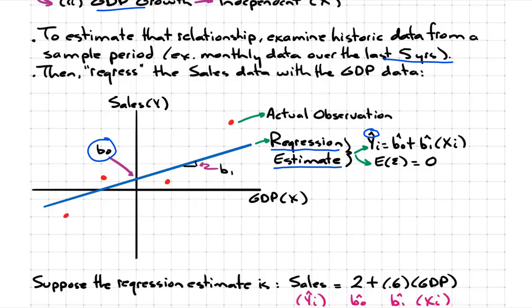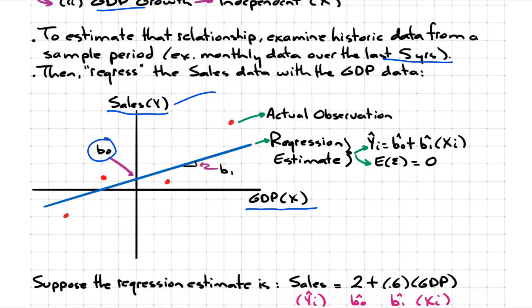The fact is, we don't know what the exact relationship is between sales and GDP. For example, if I tell you what GDP is going to be next year, there's no way someone can tell me precisely what sales will be next year. The best we can do is just form an estimate having used historical observations. So that's the storyline that goes behind this regression analysis.